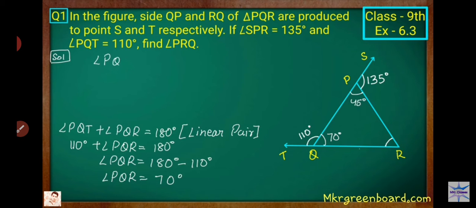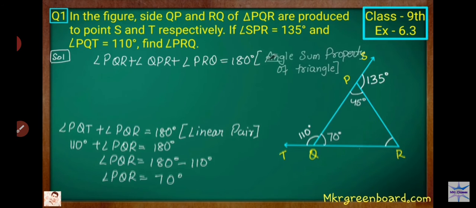So angle PQR plus angle QPR plus angle PRQ is equal to 180 degrees. Now QPR is equal to 45, and PQR is equal to 70. Okay, that is our angle sum property of a triangle.